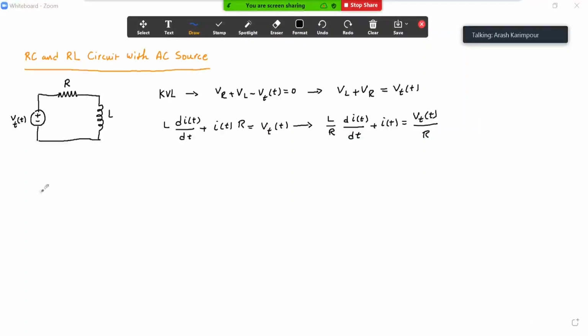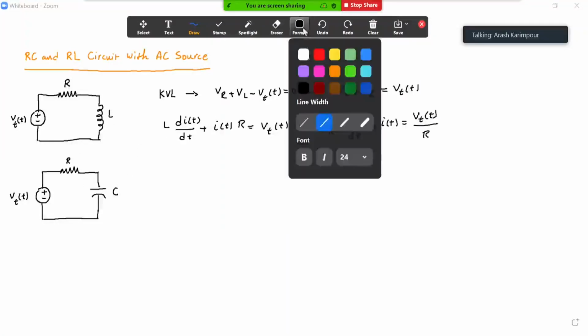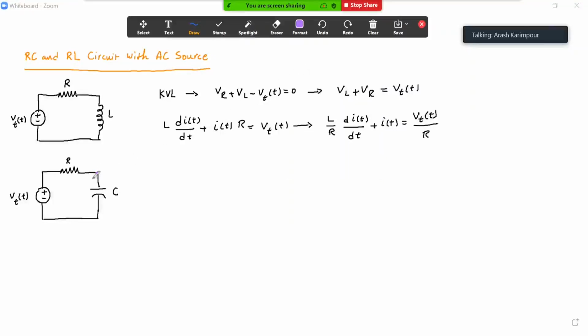We are going to have the same thing if we have the capacitor. So if I have V(t) over time, and then the R, and this time instead of the inductor, we have the capacitor C. This time, instead of KVL, I write the KCL using the node voltage method, assuming I1 goes through this one and I2 goes through that one, and at this point whatever voltage we have is going to be VC.